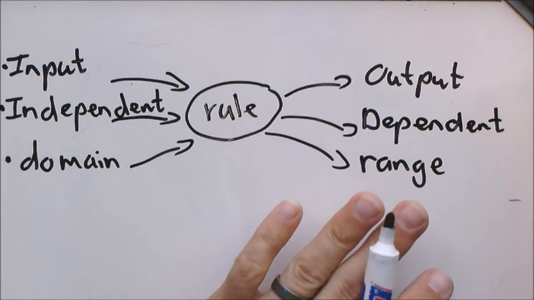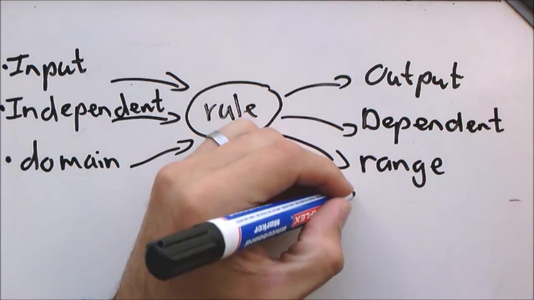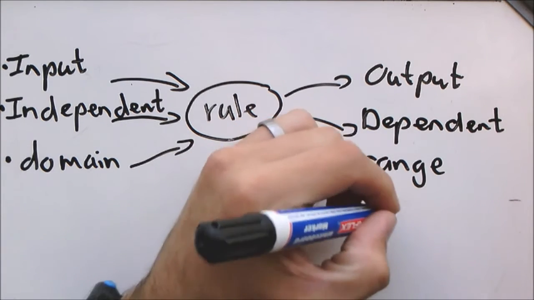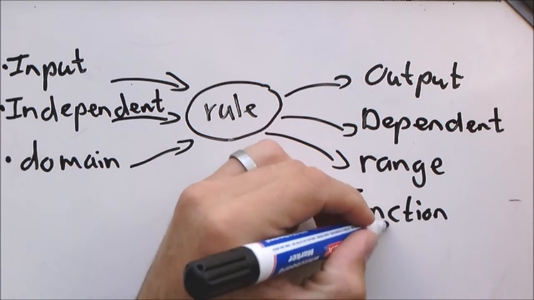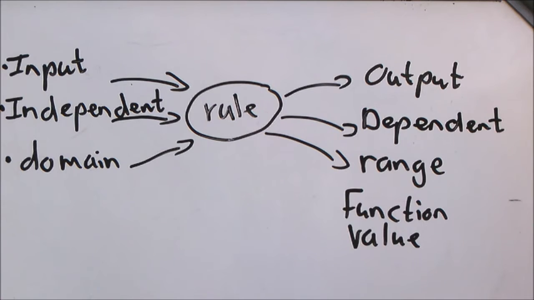We also refer to your output value as your function value. You would remember me saying this many times in class. This is your function value, the y value of this expression.